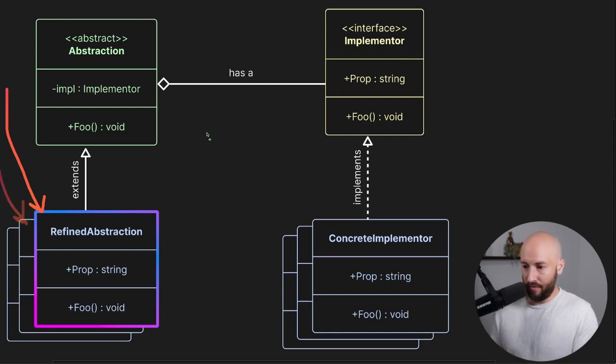And each one of the refined abstractions will have in it a reference to one of the implementers, meaning that we can represent overall with this structure the combination of refined abstraction number one with concrete implementer number one, number two, or number three.